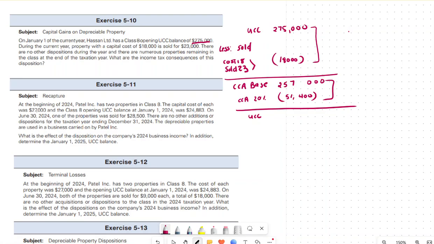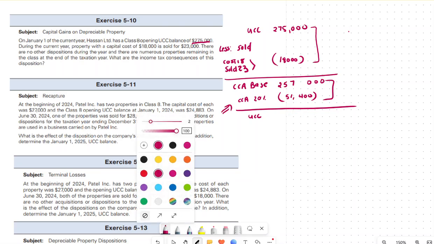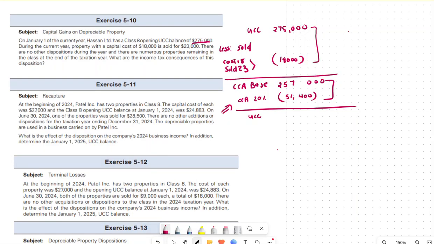Now we have two things here. First, we're allowed to take a CCA of 51,000. However, if the asset is still continuing, there is no recapture or terminal loss at this point. But we call it a capital gain. And how do we get a capital gain? 18,000 was my cost. We sold it for 23,000.